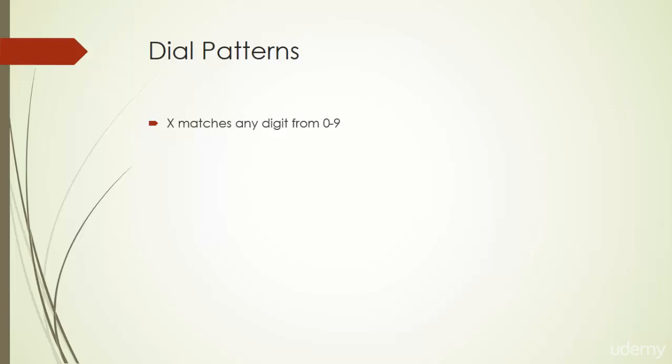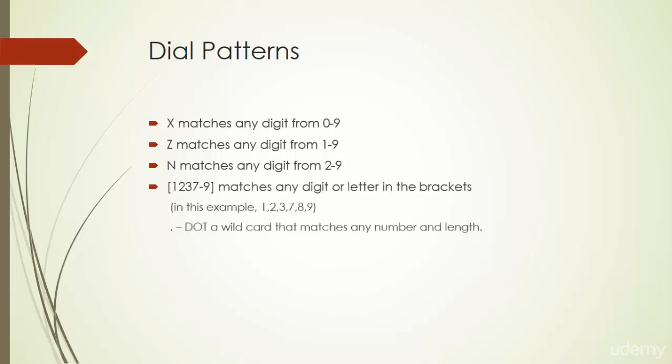Okay. Let's see more rules. Z matches any digit from 1 to 9. And N matches any digit from 2 to 9. We can also write a range using square brackets.